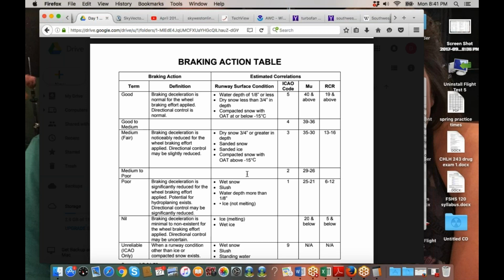Why do you think this -15 matters? Does anybody know, other than heat, what can melt ice?